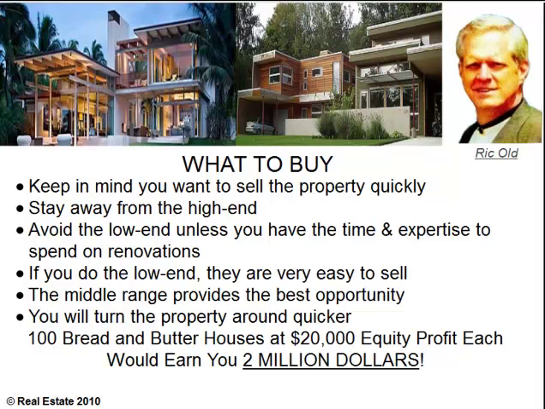So the mid-range properties might be the best opportunities because you could turn them around and sell them quickly. A lot of people know how to sell those type of properties, and they usually don't need much, if any, repairs at all. Just keep in mind that 100 bread and butter houses at $20,000 equity each will earn you $2 million.